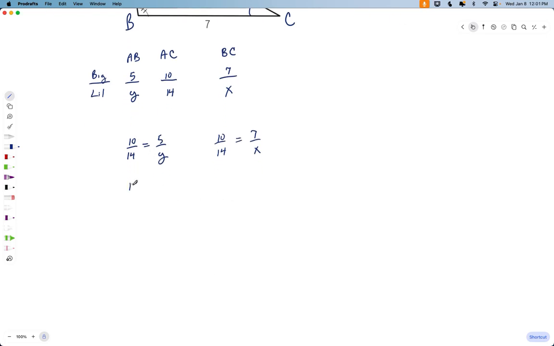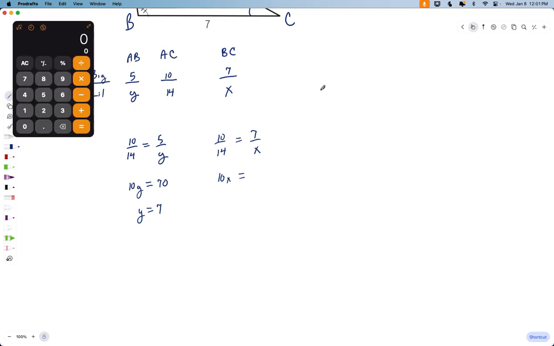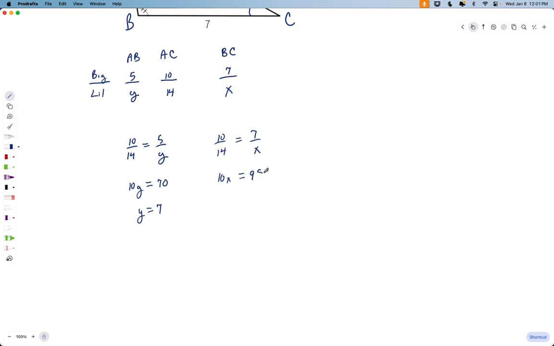So that's going to be 10y is equal to 70. So y is equal to 7, because 70 divided by 10 is 7. And then we have 10x is equal to 14 times 7. What is 14 times 7? 70 plus 28, so 98. Yeah, 98.